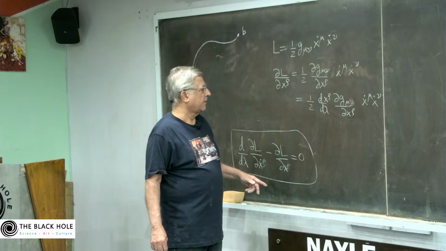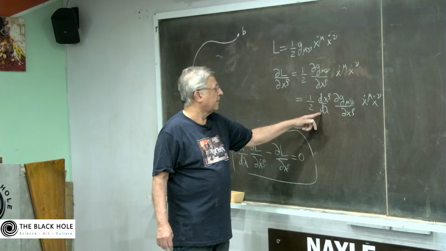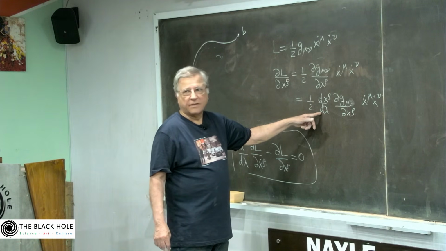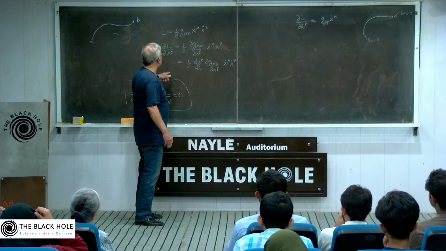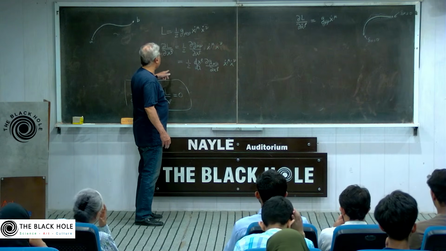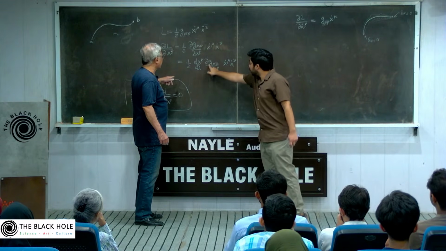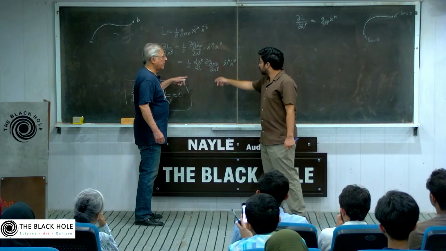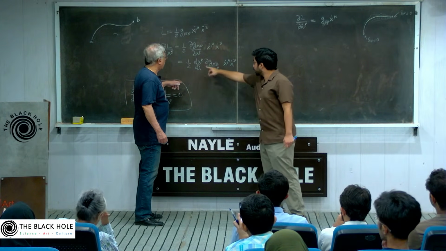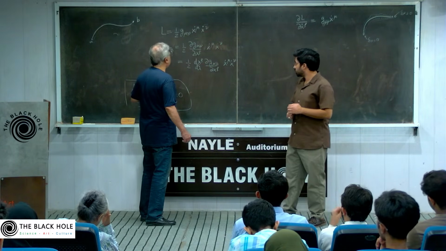Instead of partial g, it should be d lambda. Here? No, in the numerator of the second fraction. Shouldn't this term be d lambda? Oh wait.